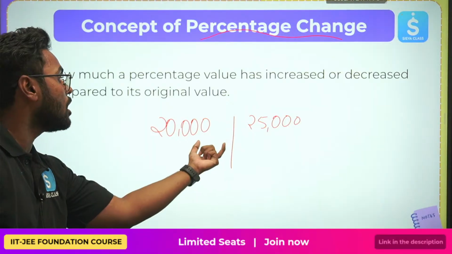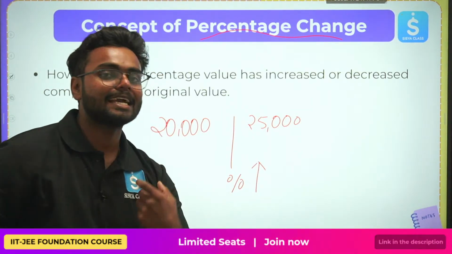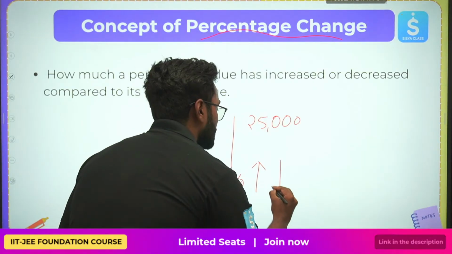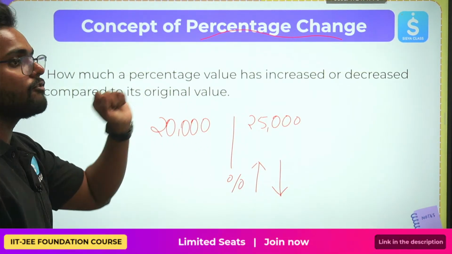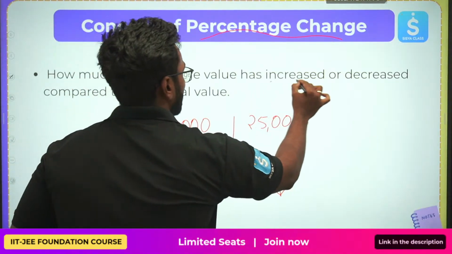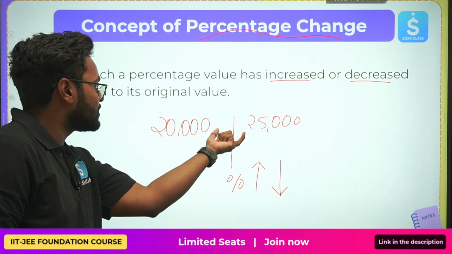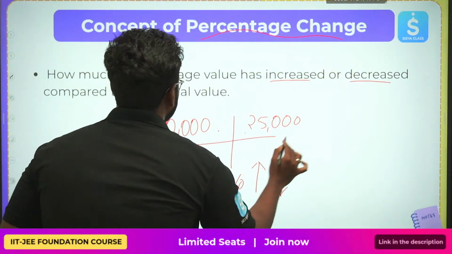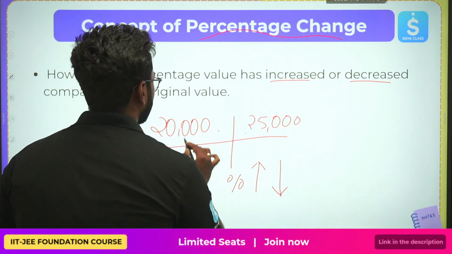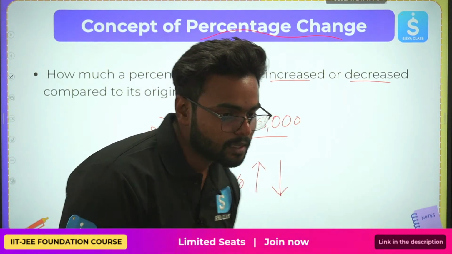How much percentage increase or decrease happened is given by the concept of percentage change. How much the value increased or decreased compared to its original value. It's nothing but the difference between these two, divided by the original value, which is 20,000, into 100. That will give us the percentage change.